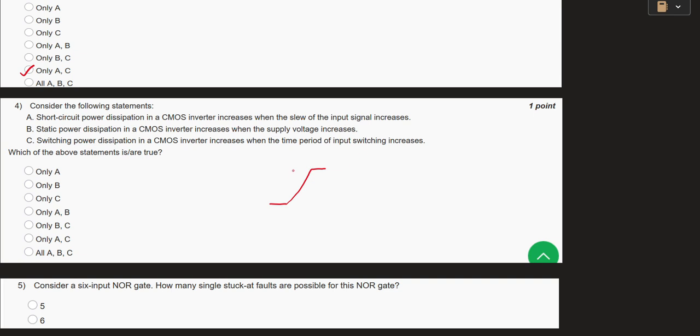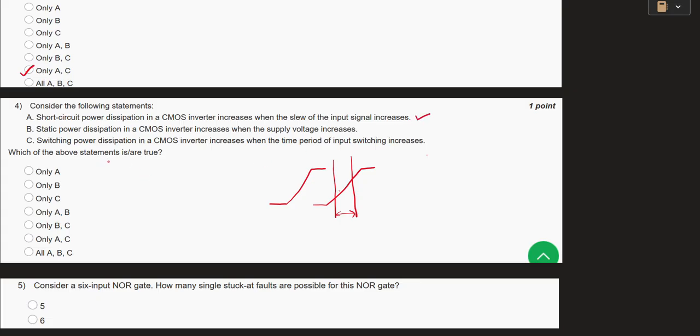So if the input slew is large, it means that it will be a very gentle slope, meaning from 0 to 1, it will rise very gently. So the region where both the NMOS and PMOS are on will be larger. If this is larger, then our CMOS logic will have a short circuit path flowing between VDD and ground. Due to this, the short circuit power dissipation of the CMOS inverter will increase. Okay, so this is a correct statement.